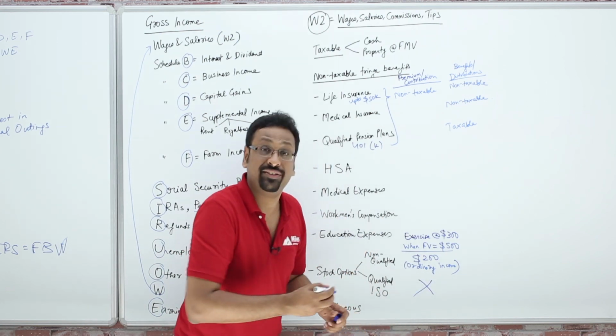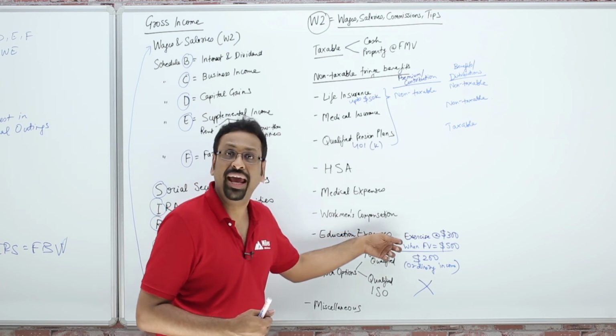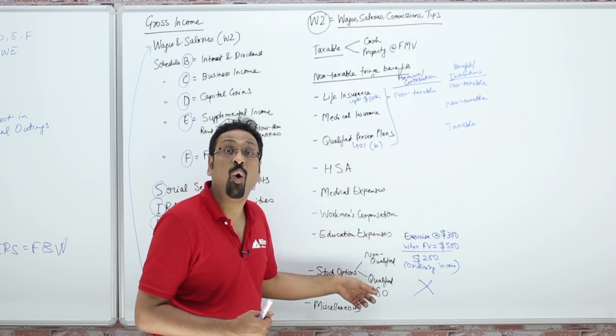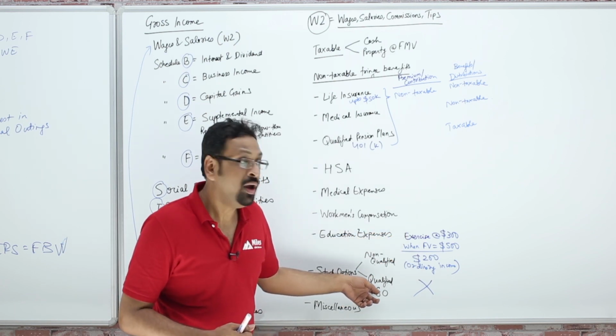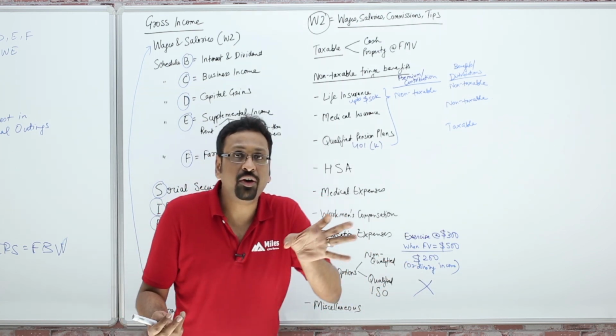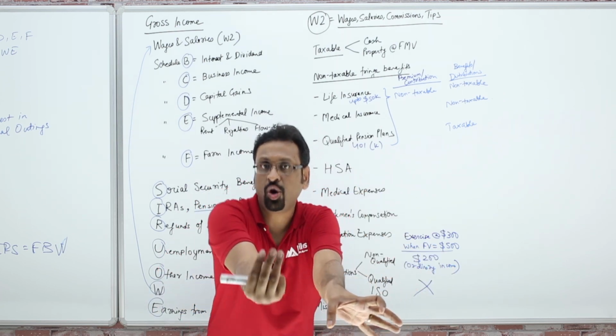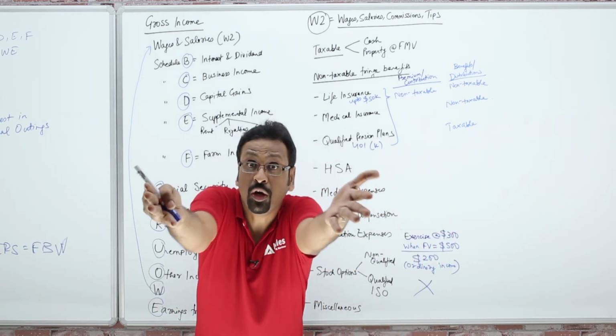Even here, there are no taxes. So if it's non-qualified, it's taxed when exercised. If it's qualified, good news, it's not even taxable now. You've paid $300, got something worth $500, but no tax for you. Good news.